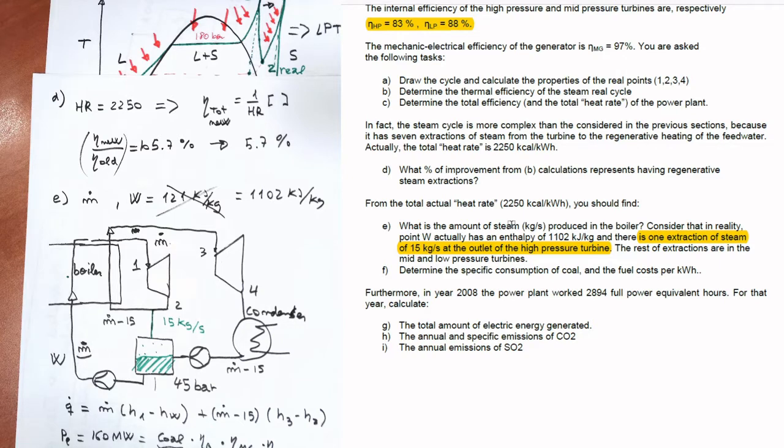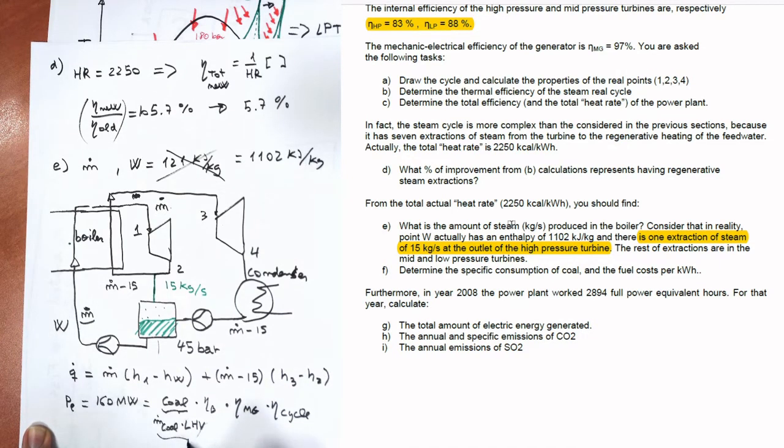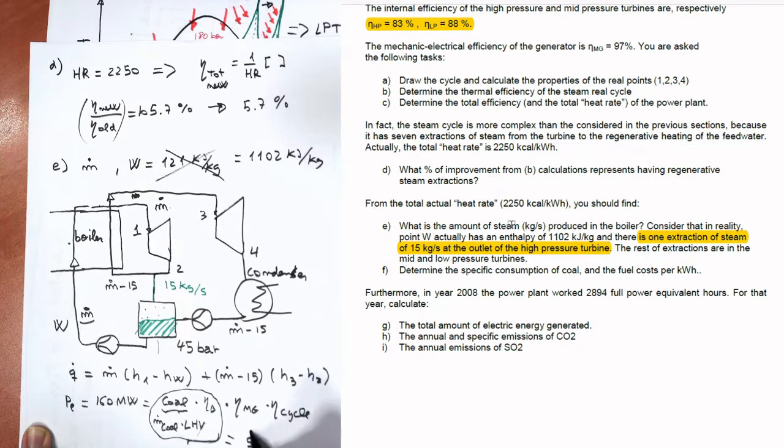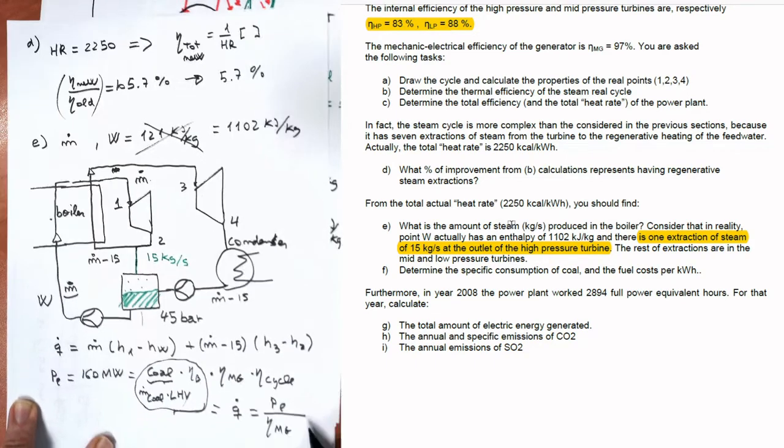So this one here, this is the heat that goes from the boiler to the steam, our Q here. So I can isolate from here. This is the electrical power divided by the efficiency of the mechanical and the generator.